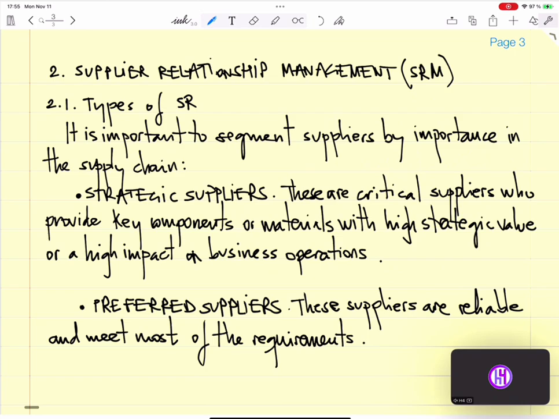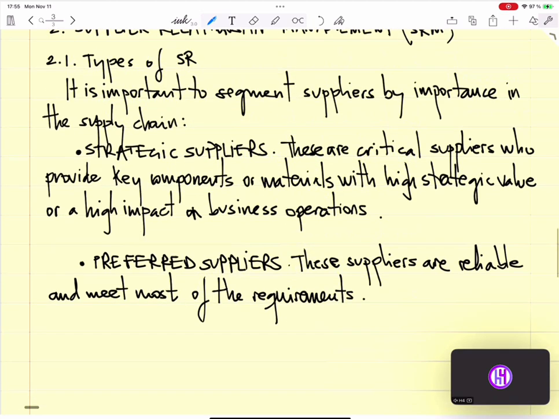But they may not hold a strategic value because of their product portfolio or something like that, okay?